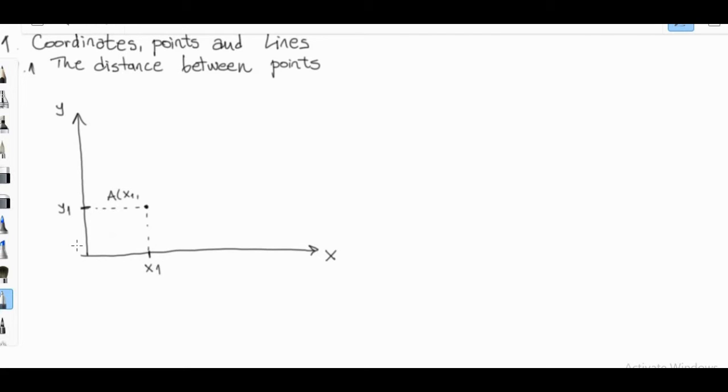Now what we have here is that point A is represented with x1 and y1, and for x2 and y2 we'll have point B. Draw a line to connect.